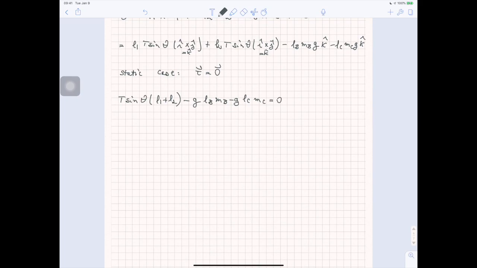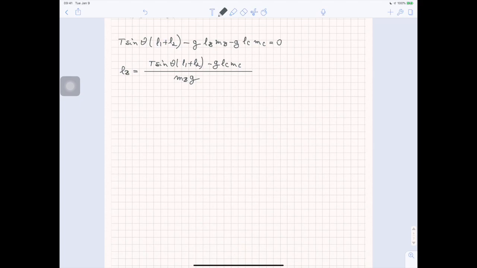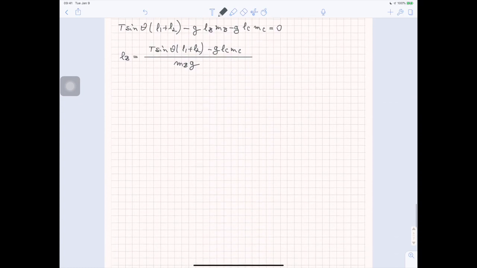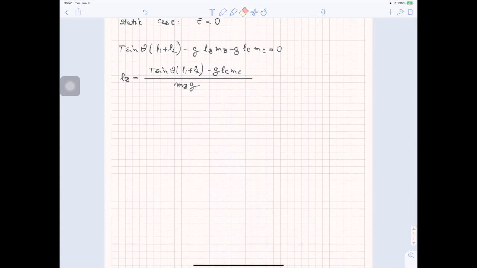And then you can solve this now for LB. This is T sine theta times (L1 plus L2) minus G LC MC, divided by MBG. And then we can replace T from here.